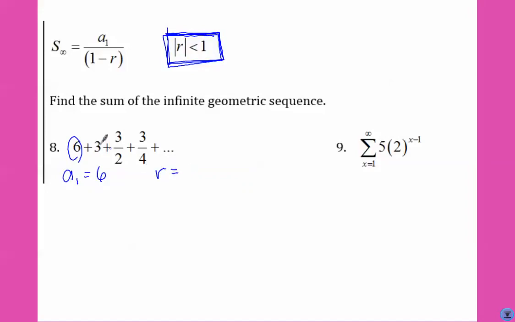And then our common ratio: what do we multiply by to go from 6 to 3? We cut it in half. 3 is half of 6. 3/2 is half of 3. 3/4 is half of 3/2. So our common ratio is 1/2. Our infinite sum is going to equal 6 divided by 1 minus 1/2.